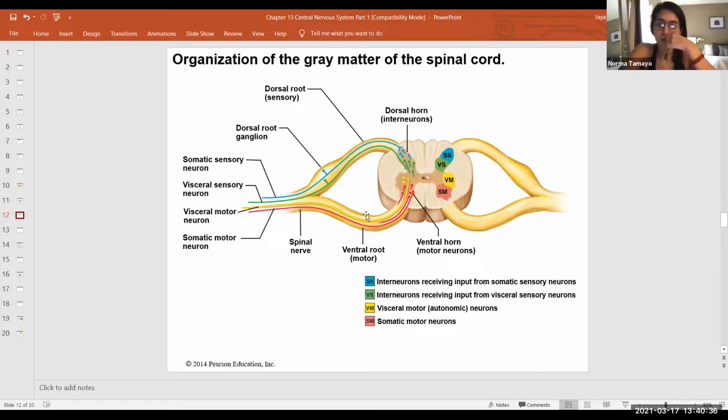And this visceral motor yellow part is called the autonomic nervous system, and it has two divisions: sympathetic and parasympathetic. Did you get it? Anybody has a question here? This is slightly demanding.